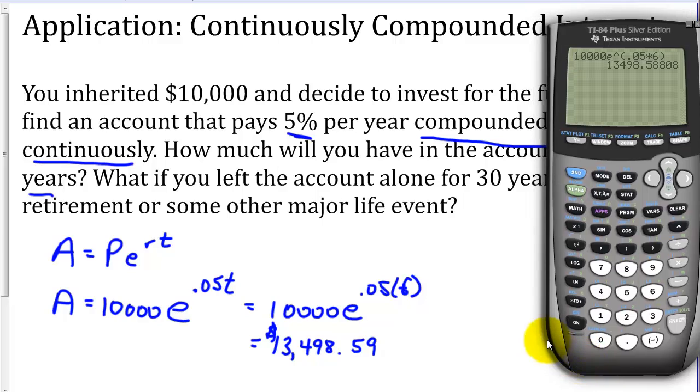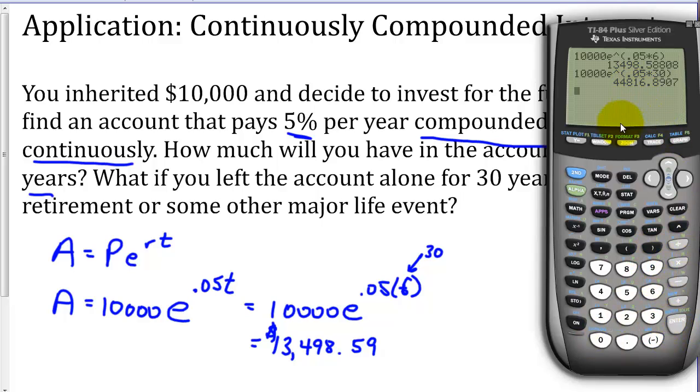Now, what if we decided to leave that money in and just forget about it and leave it there for like 30 years, say for retirement or our kid's wedding or a big trip or something like that? So what happens if we put this in for 30 years? Let's look at what happens. Let's go back and edit this, and change our 6 to 30 years.